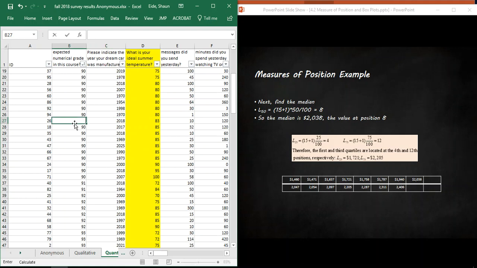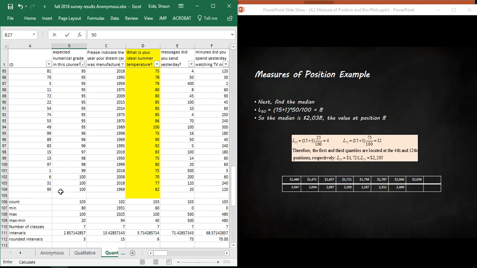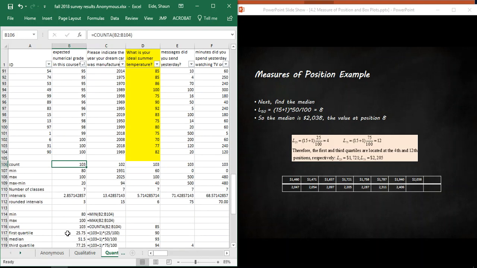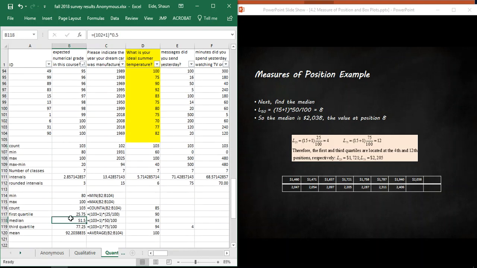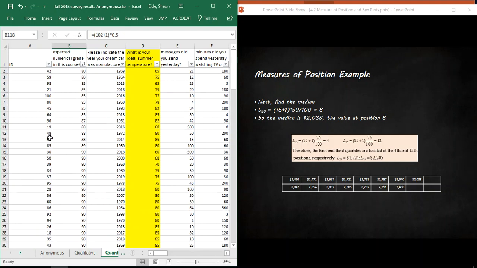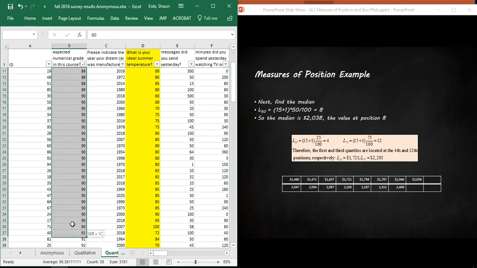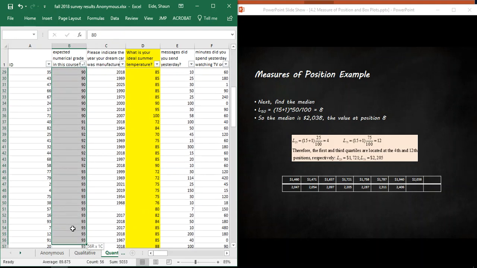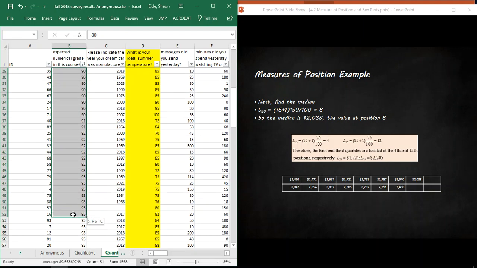And then it would be the same thing for the median. So if you wanted to find the median, the median would be 51.5. Let's find 51.5. Okay, so you've got 50, 51, and 52, so they're both 93, so it doesn't make a difference.